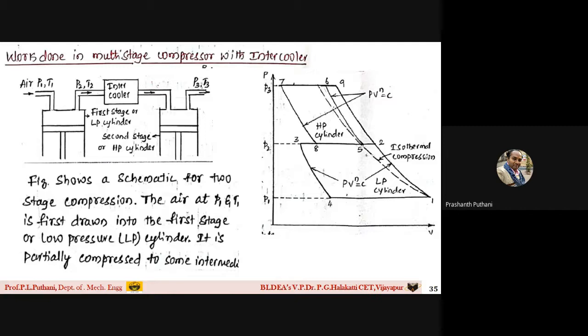So when it enters the second cylinder, it has the same pressure P2, but the temperature is lesser than when it came out of the first cylinder. And again here it is compressed, and it comes out with new pressure and temperature conditions, that is P3, T3, where P3, T3 are greater than P2, T2.